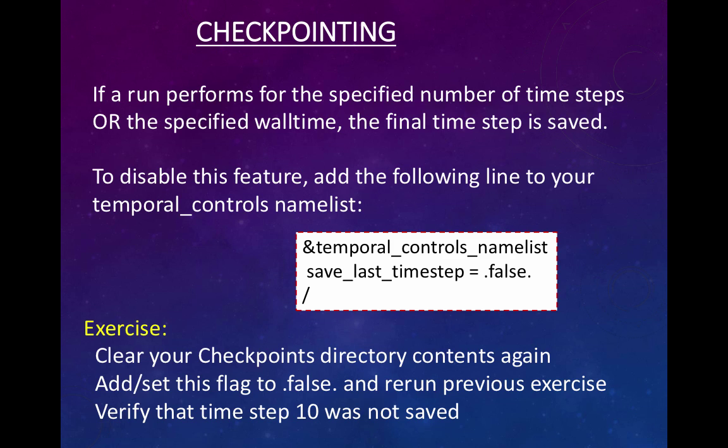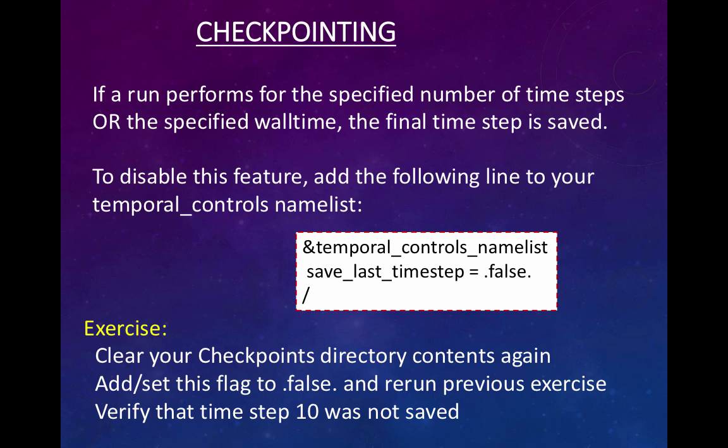So if the run finishes normally, maybe the wall time ended on a weirdly numbered time step, Rayleigh will save that. If you want to not save it, you just add this little flag to your temporal controls namelist.